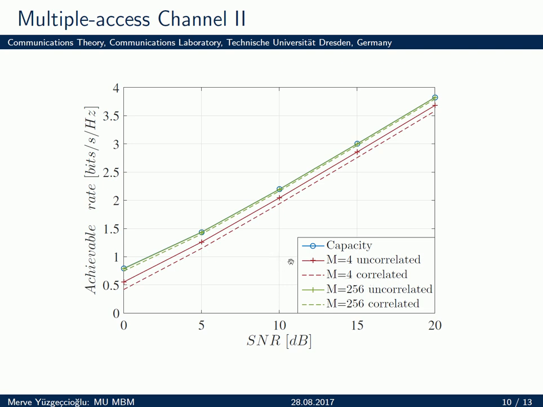So we look into two different cases, M equal to 4 and M equal to 256. We see here that when the constellation size is small, again there is a gap between the capacity of the channel and the achievable rate of the media-based modulation for both the uncorrelated and correlated case. But when we increase the number of entries in the constellation diagram, the gap is closing.